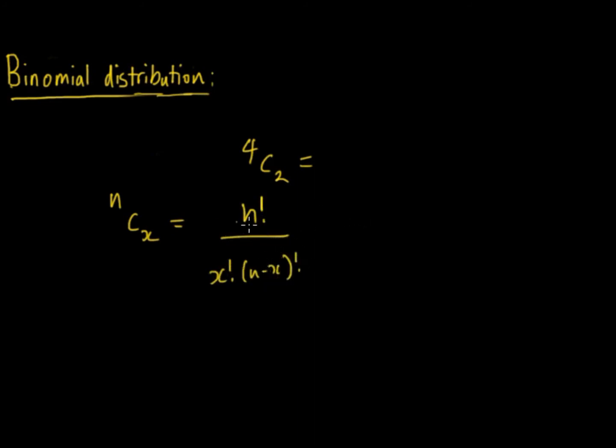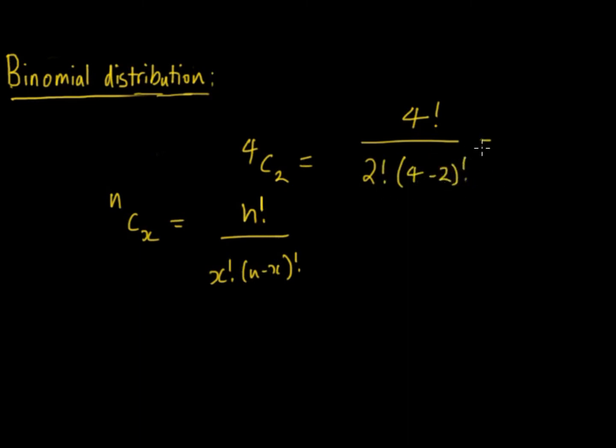Once numbers are put in here, it's a bit easier to see. You put whatever is at the top, whatever N is. The number of trials is 4, so we go 4 factorial over X factorial, which is 2 factorial, and then 4 minus 2 factorial.